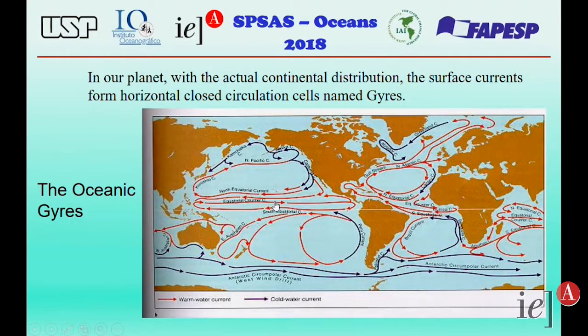In the South Pacific, we have an anticyclonic subtropical gyre. In the South Atlantic, the same thing, and in the Indian Ocean, the same thing. There are some gyres in the tropical region that are less important, so don't worry about that at the moment, or at least in this course.